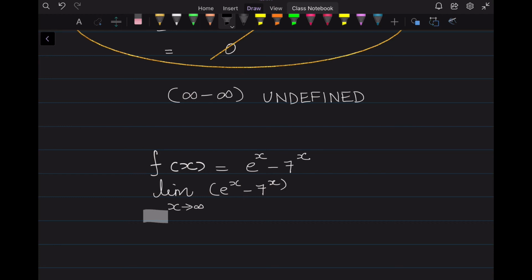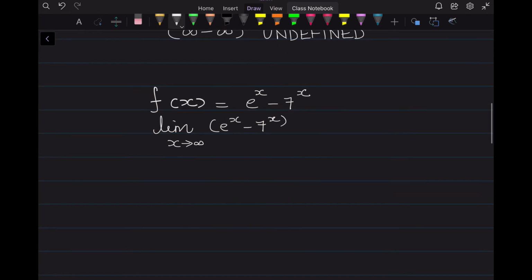So in order to determine this limit, what we'll do is that we'll retain the term 7 to the power of x and we'll ignore e to the power of x. So we will write this limit as limit of minus 7 to the power of x as x approaches infinity, and which obviously is negative infinity.